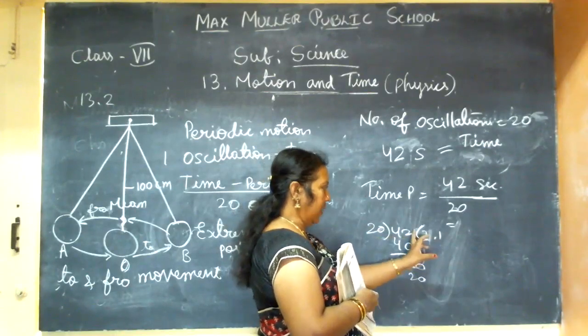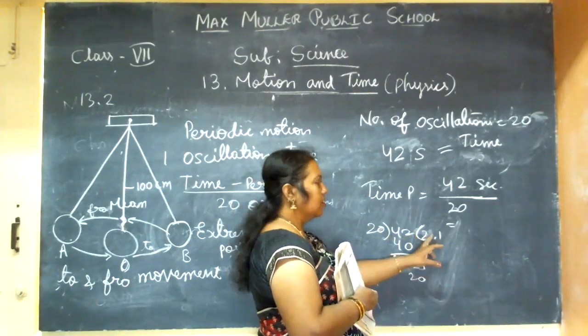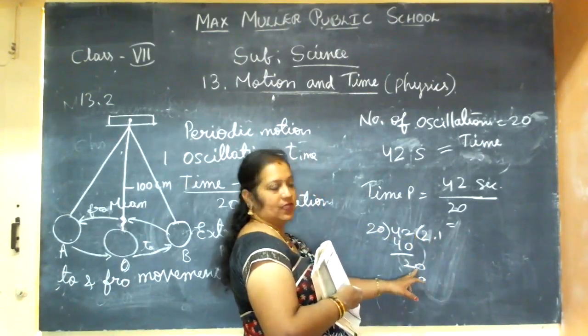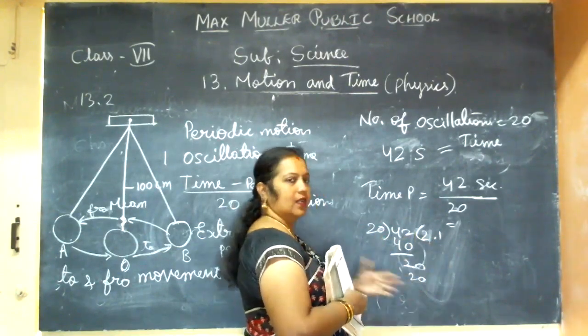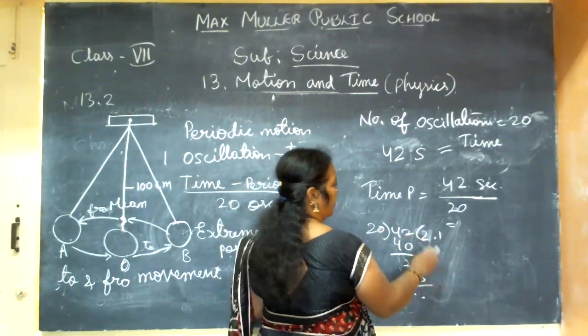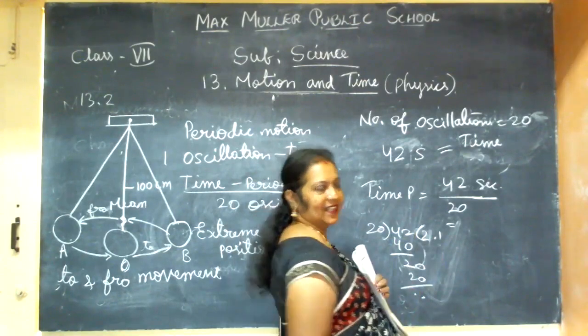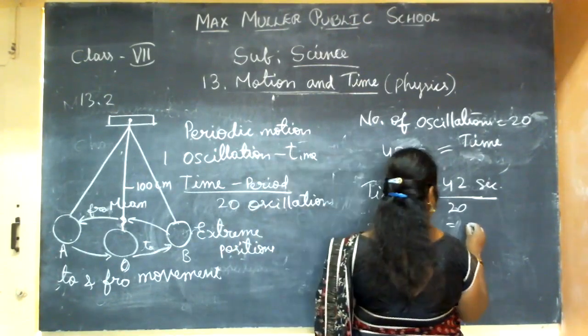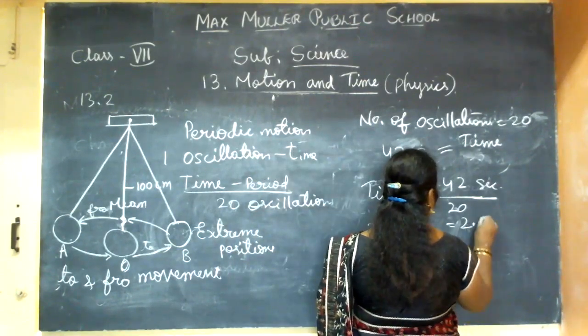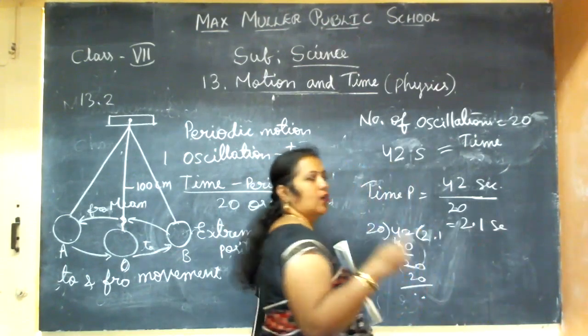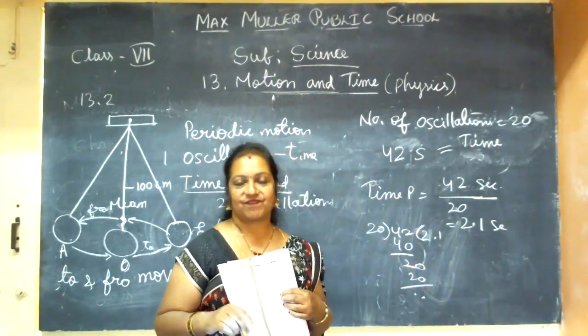There is no number to take down, so for the decimal point I take a 0 here, and 21 twenties are 420. So you get 2.1 seconds for one oscillation.